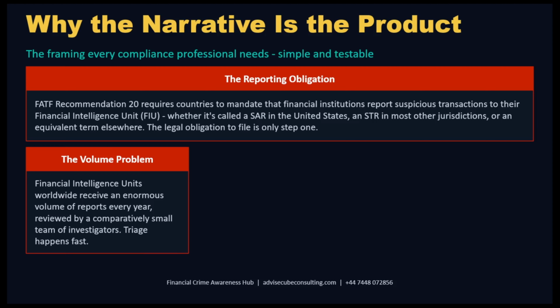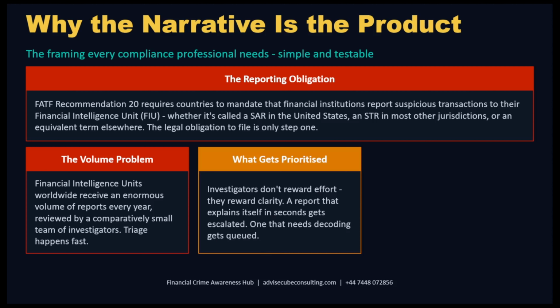So the first thing is that FIUs worldwide receive an enormous volume of reports every year, reviewed by comparatively small teams of investigators. Triage happens first. Second, investigators do not reward effort, they reward clarity. A report that explains itself in seconds gets escalated. One that needs decoding gets queued.